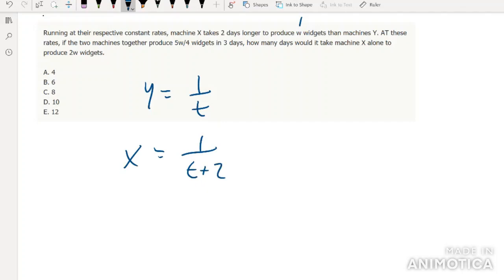At these rates, the two machines together produce 5W over 4 widgets in 3 days. Okay, well that's a bit useless. That means that they produce 5 widgets in 12 days and 1 widget in 12/5 days.